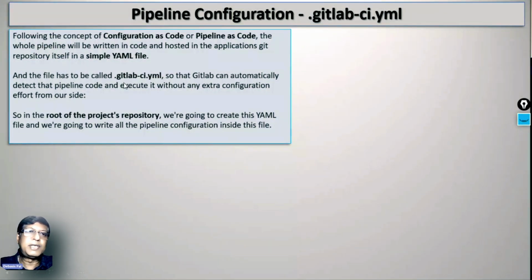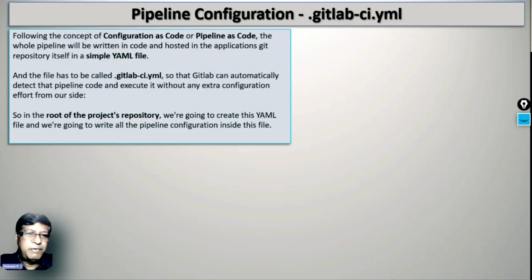But then you see, you have a .gitlab-ci.yaml. That is the heart of the GitLab pipeline. This is a YAML file. YAML is a format for exchanging data over the internet, like JSON, JavaScript Object Notation.